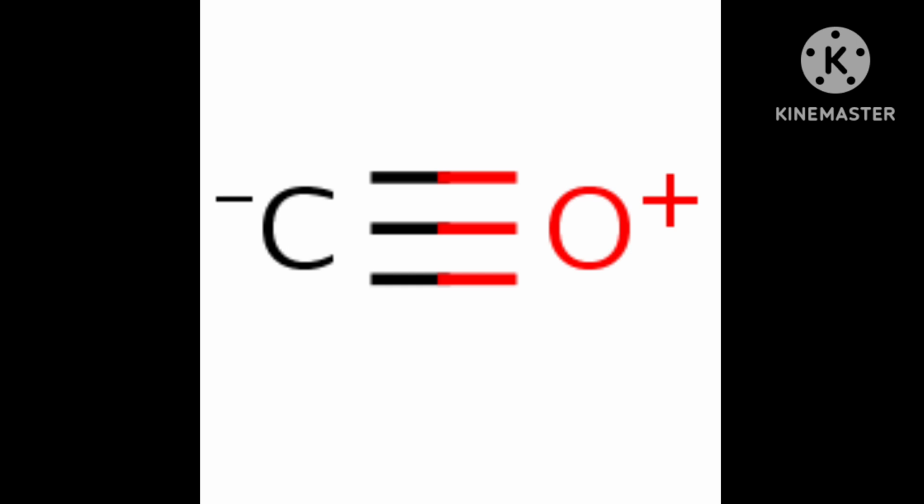Here you have seen that 2 sigma bonds are formed, while the other two electrons of the carbon atom are involved in pi-pi bonding with the oxygen atom. Means both sigma bond and pi bond are present.